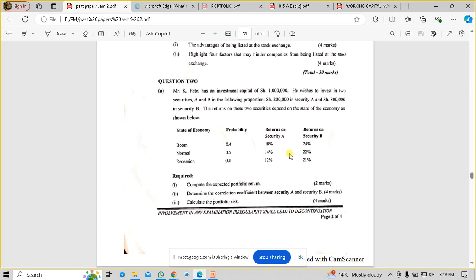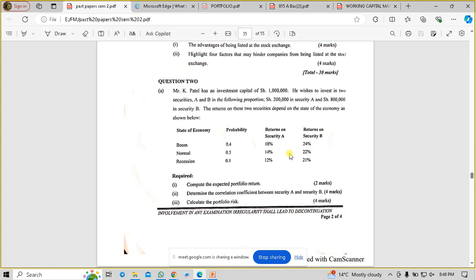Second one, normal. What are you getting? 0.98. Okay, correct. Now let's go to the next: 12 minus 15.4 squared times 0.1. What are we getting? 1.156. Correct. Add all.